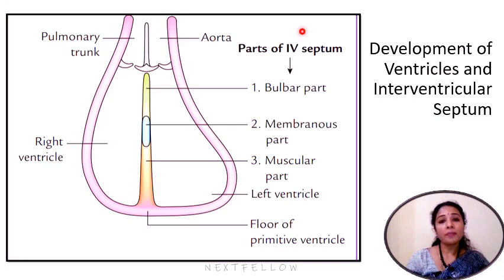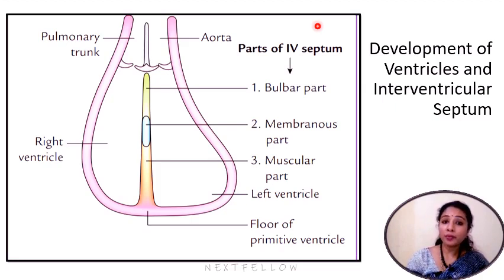The gap between the margins of the muscular septum and the lower margin of the bulbar septum is called interventricular foramen. Eventually a membranous part will develop, filling up this gap and closing the interventricular foramen, completing the partitions of ventricles.